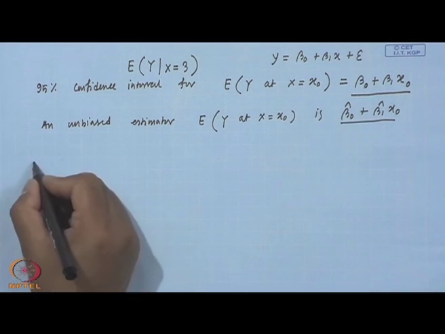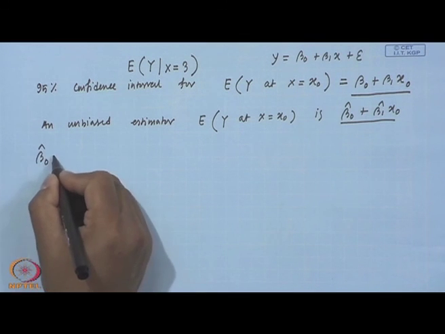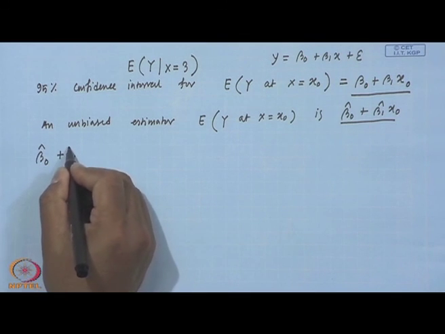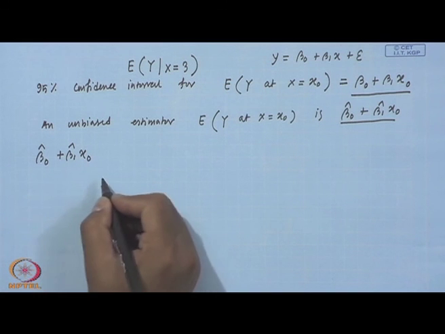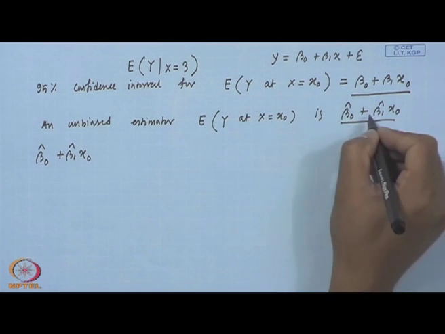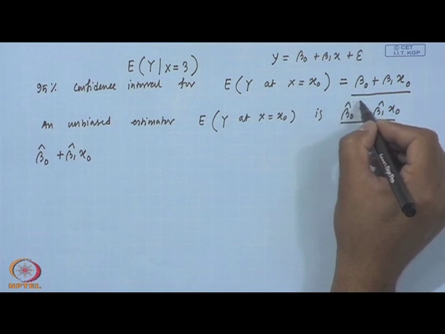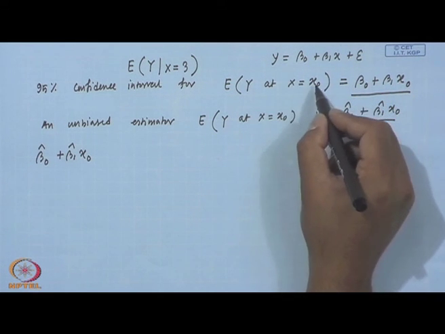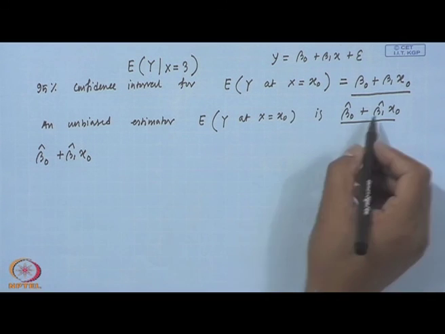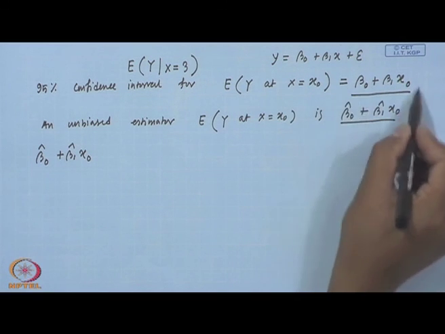So, this beta naught hat plus beta 1 hat x naught is a point estimator for the expected mean at x equal to x naught, and we are looking for a confidence interval for this one.